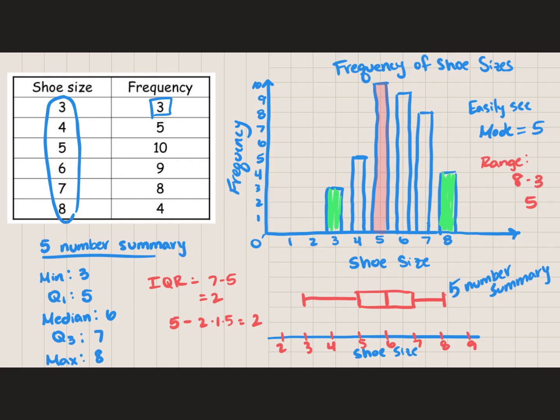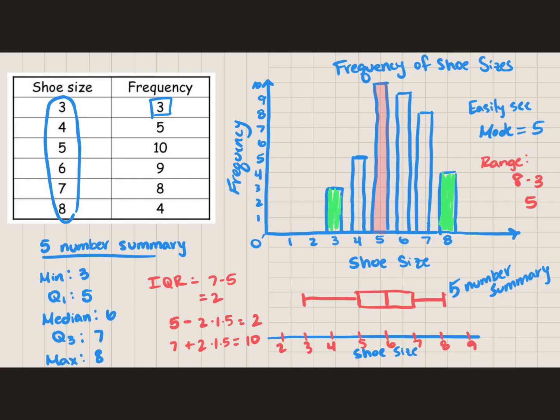I don't have any shoe sizes lower than 3, so that's all good. Same thing for my upper quartile, 7 plus 2 times 1.5. That's going to give me 10. I don't have any shoe sizes greater than 8, so no outliers in this data set. So I wouldn't have to worry about plotting those on my graph or on my diagram.